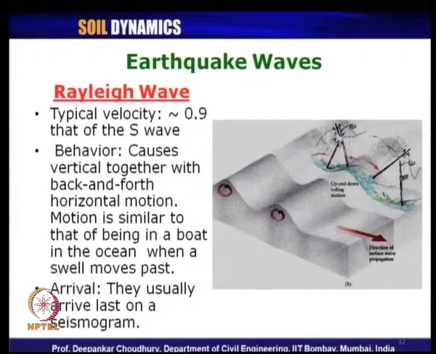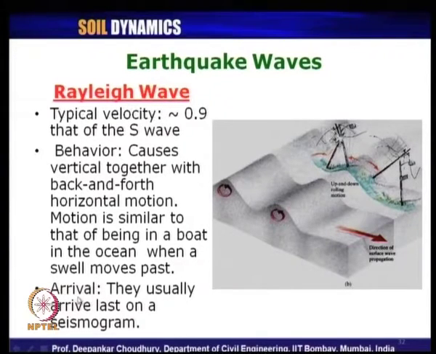In the previous lecture I mentioned that, and today also in the recap. So, Rayleigh wave velocity is about 90% of the shear wave velocity. Its behavior is they cause vertical together with back and forth horizontal motion. The motion is similar to that of being in a boat in the ocean when a swell moves past.